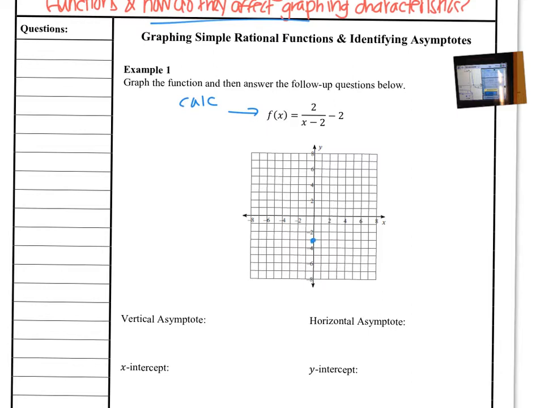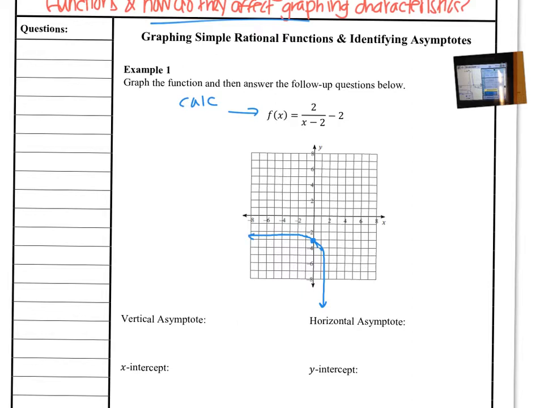All right? So again, we're starting with that 0, negative 3. And we're going to go 1, negative 4, and we know this side went up towards negative 2, but never really hit negative 2. Okay, so we're at negative 2.66, and we just keep getting closer and closer to negative 2, but we're never going to hit it. On this right side at 2, we were undefined, so it's like we can't exist at x equals 2, and we can't exist at y equals negative 2, so that might tell us something in a second.